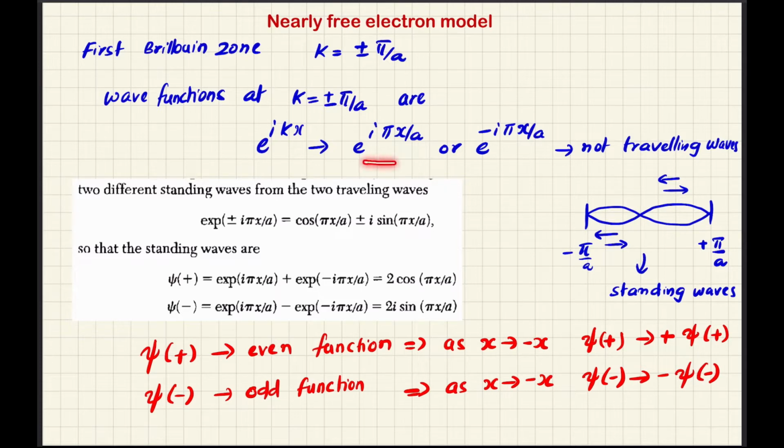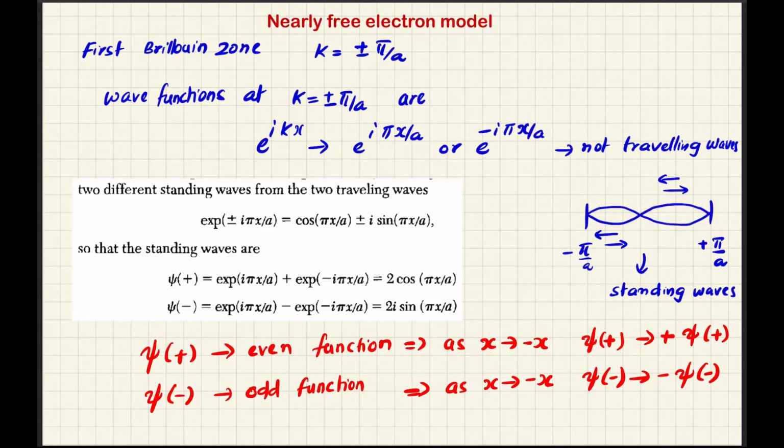So these are not traveling waves individually: one propagates in the positive direction, and the other propagates in the negative direction. If there is a wave traveling to the right and another traveling to the left, they can superimpose and produce a standing wave pattern.